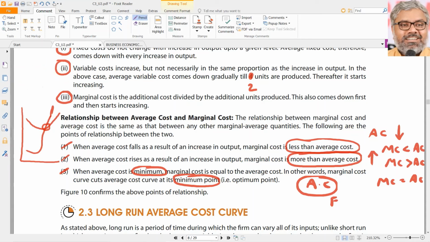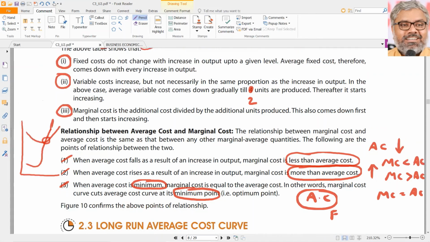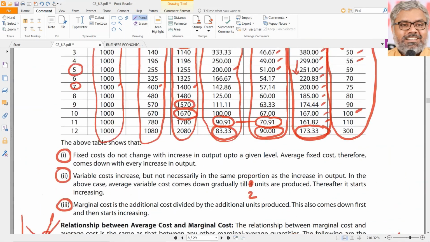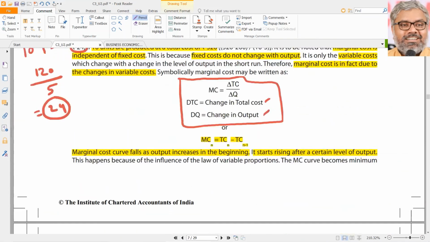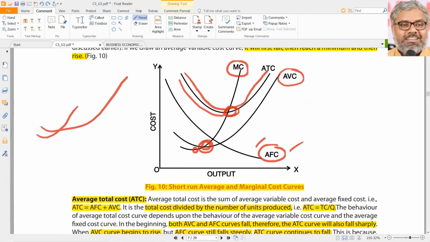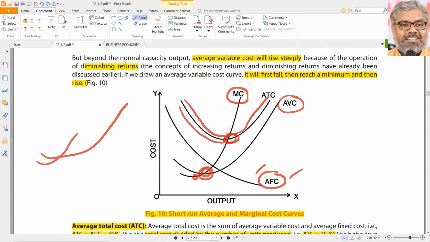It is this shape. So here, when the average cost is falling, the marginal cost is less than average cost. When the average cost is rising, then marginal cost is more than average cost. When the average cost is at its minimum, that is the place where the average cost and marginal cost become equal. In other words, the marginal cost curve cuts the average total cost curve from below.